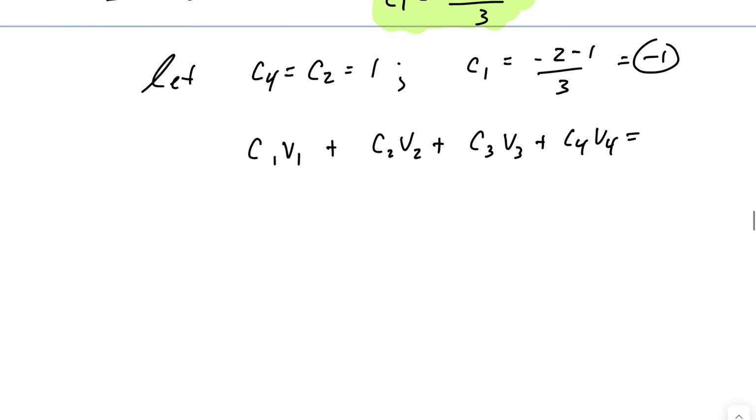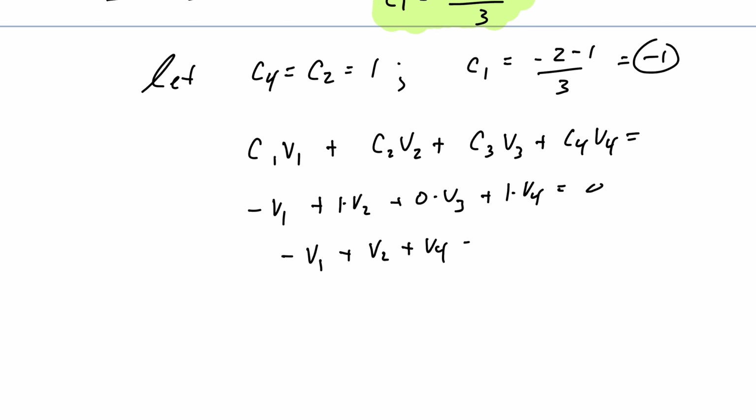So going all the way back, negative V1 plus V2 plus 0 times V3 plus 1 times V4 is 0, which means that negative V1 plus V2 plus V4 is 0.